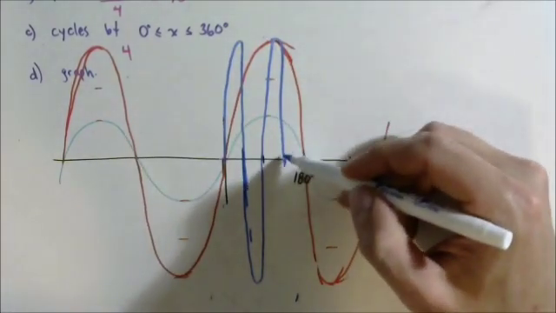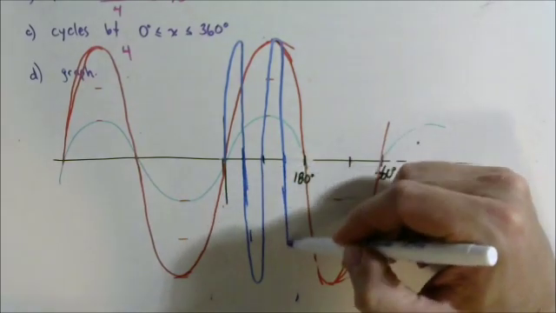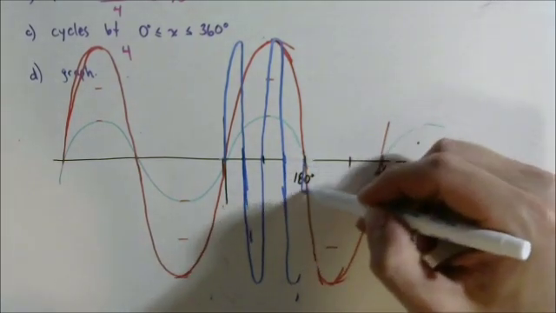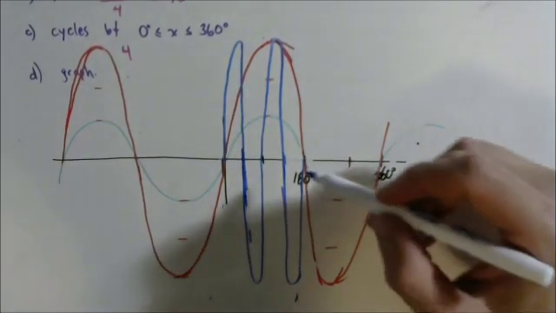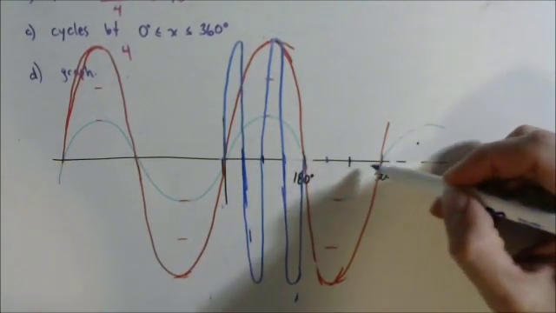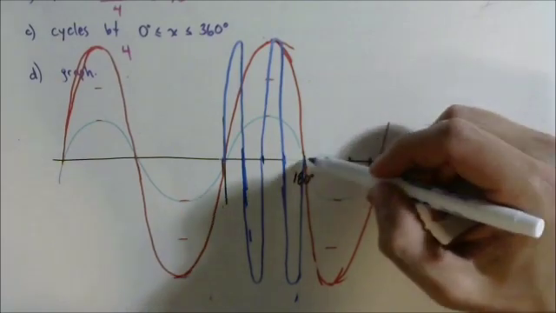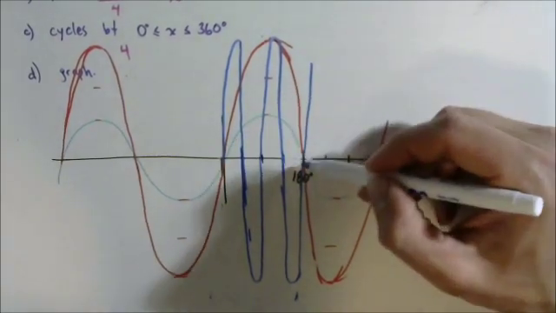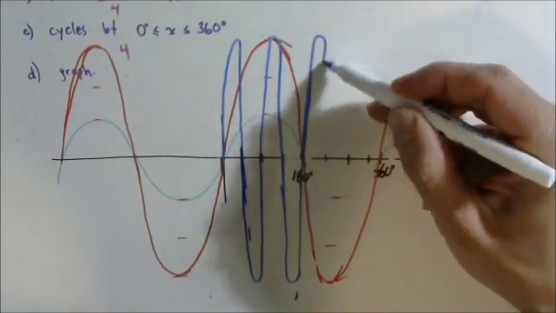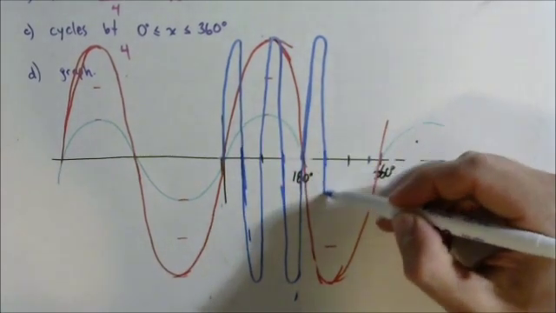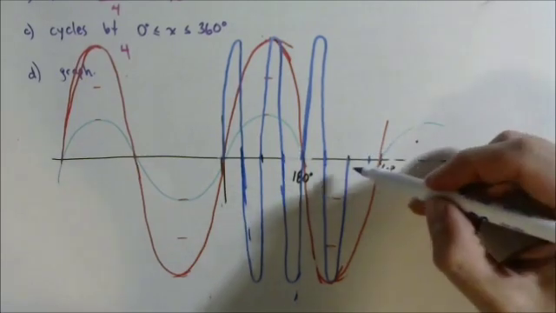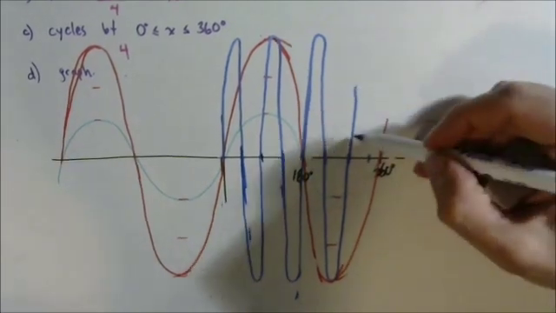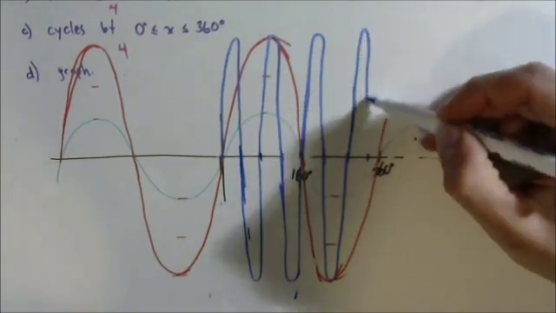Anyway, I'm going all the way down and back up to 180. 2 cycles right there. Same strategy. By the time we get to 270, we're going to have completed another cycle. Down, up, and by the time we get to 360, we've got our 4th cycle.